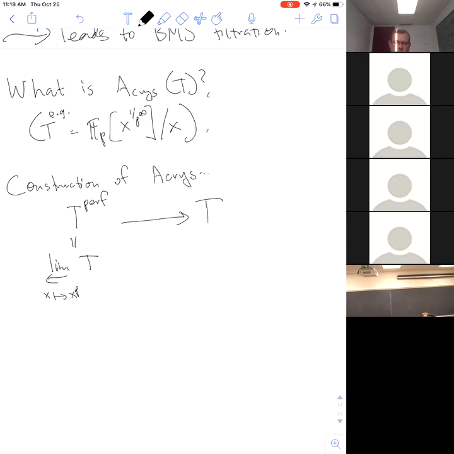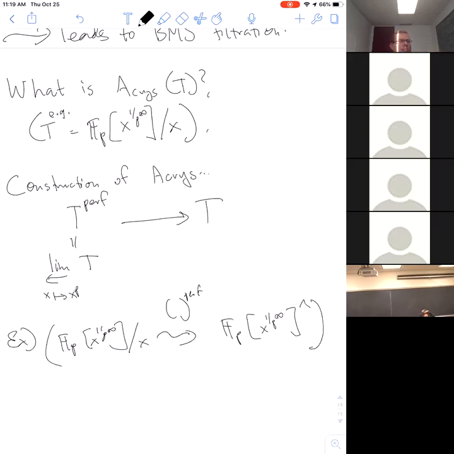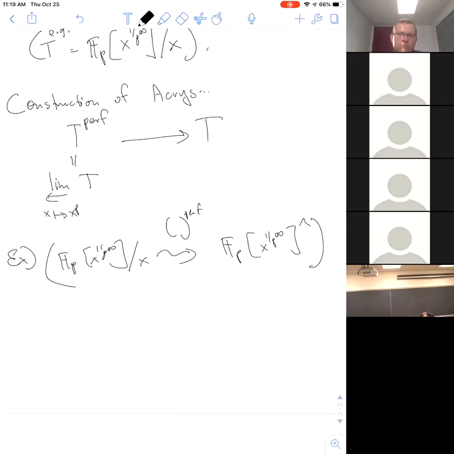But there's also a dual construction of starting with a ring and producing a perfect ring, which is to take the inverse limit along Frobenius. So, for example, if you start with F_p[x^(1/p^∞)] mod x, this inverse limit perfection construction is going to produce the x-adic completion of the ring F_p[x^(1/p^∞)]. So that's an example of this construction. It's an inverse limit construction.